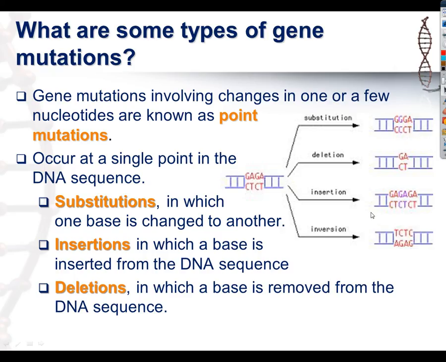That would create a mutation. And you have inversion, where you flip. Not only do you flip the GA, but you flip it down to the bottom, and you flip from GA to AG. Okay? That would be inversion.